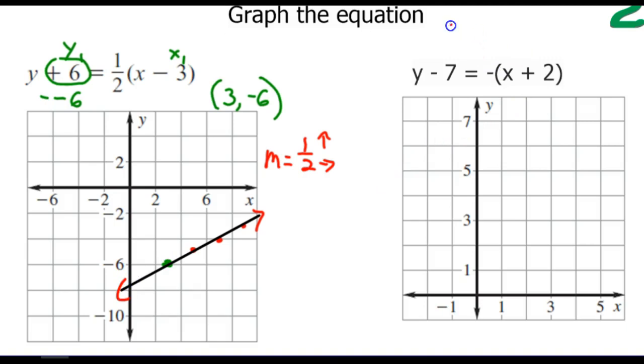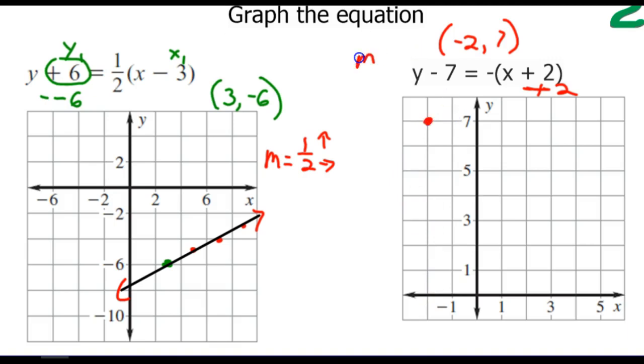Here our x1 is going to be negative 2, because this is a minus a negative 2, which makes it a plus. And our y1 is 7. So negative 2, 7 is our point.